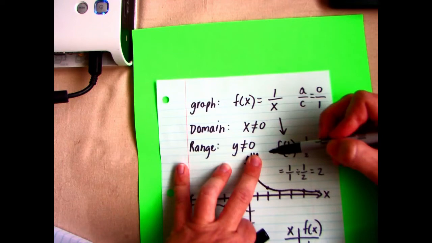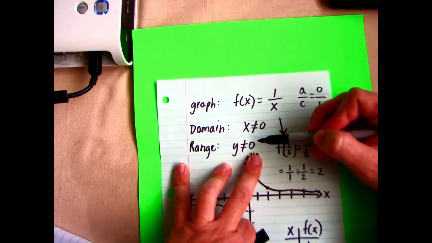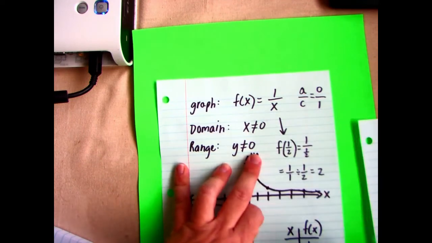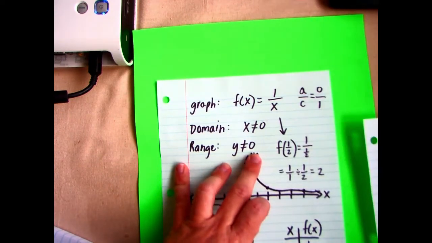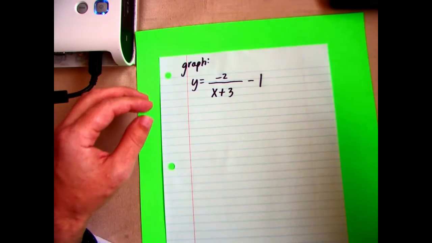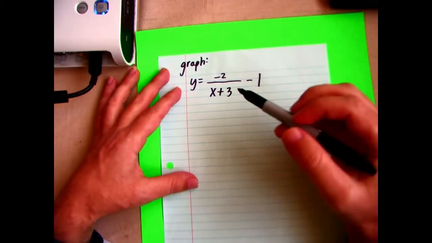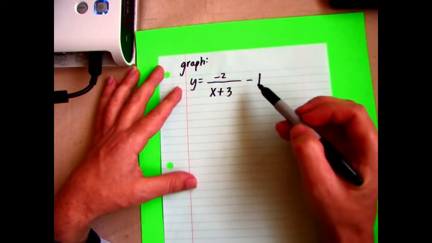There is no x. The number in front of x in the denominator is 1. So A over C is 0 over 1, or 0.